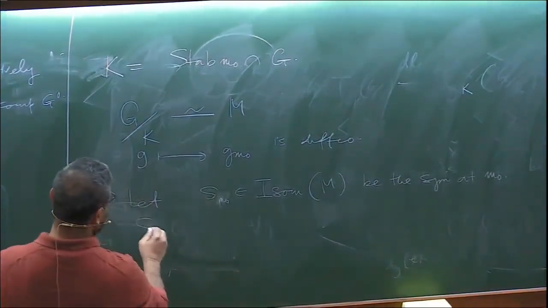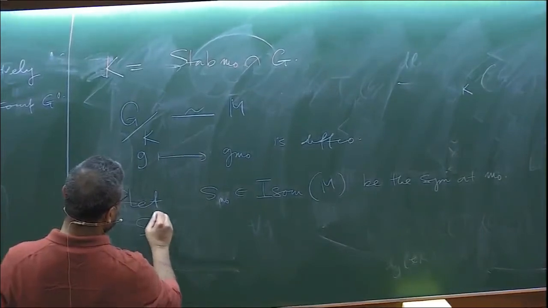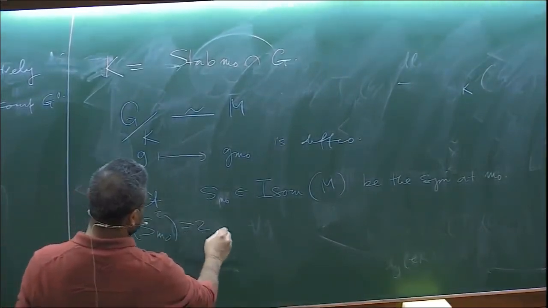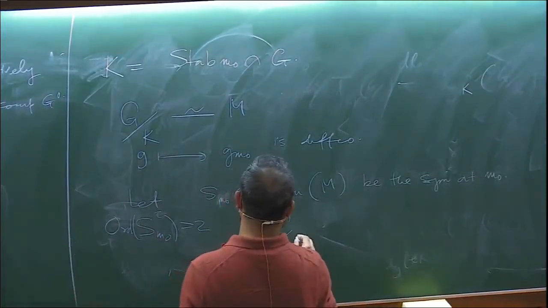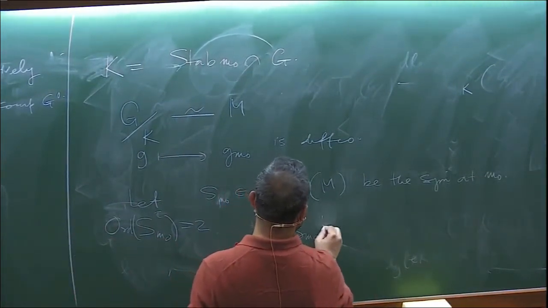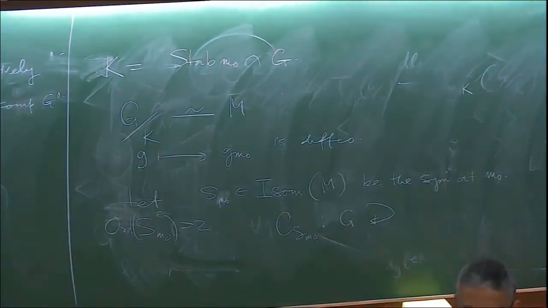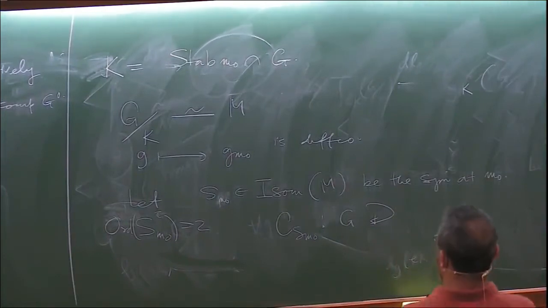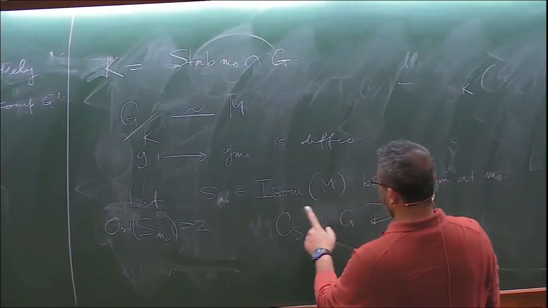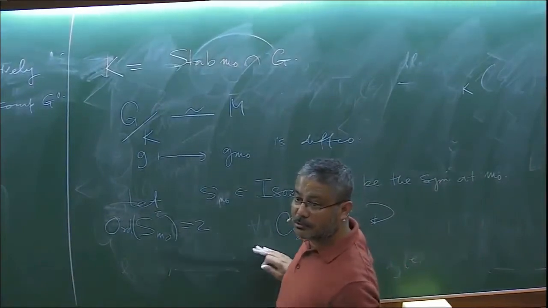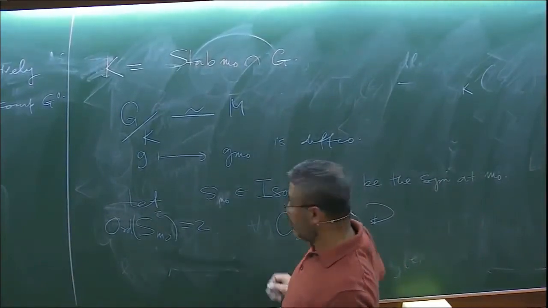S is an order 2 element, and I consider the conjugation by S_m0 from G to itself. G is the connected component of the group, so it is normal. So the conjugation, since S_m0 is an order 2 element, so is the conjugation.